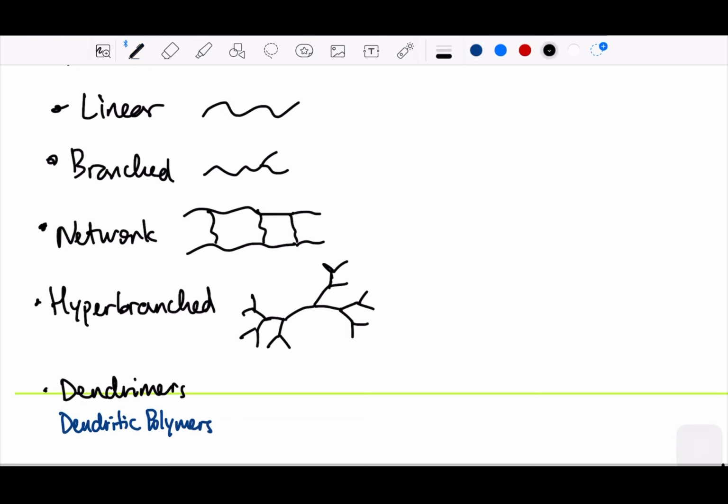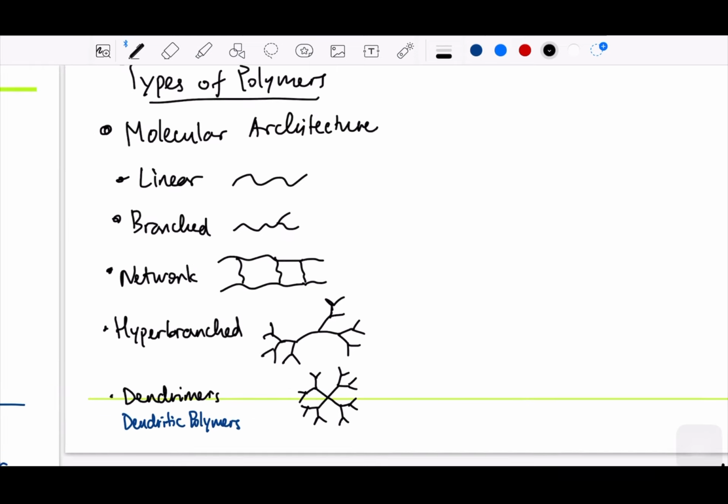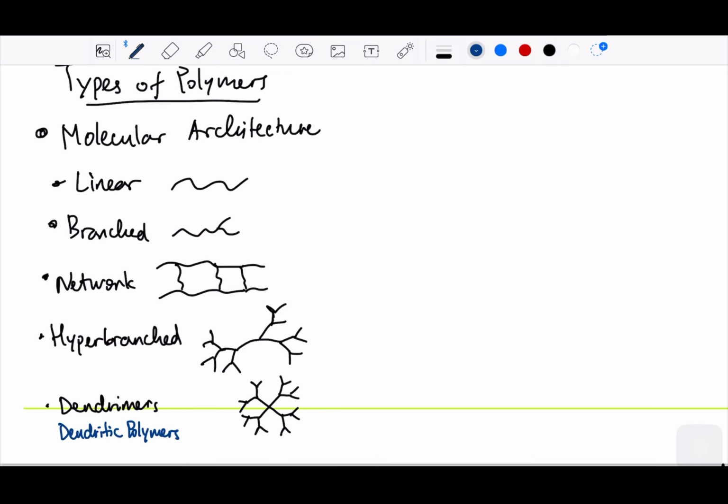If we take, for example, first one like this, and each one has a branch like that, and another branch, the figure will be more defined. The pattern will be more defined. It's concentrated in this center. It's centered in this. So that's why it's called dendritic. You could look up the meaning of the word dendritic. Okay, and this is for the molecular architecture.